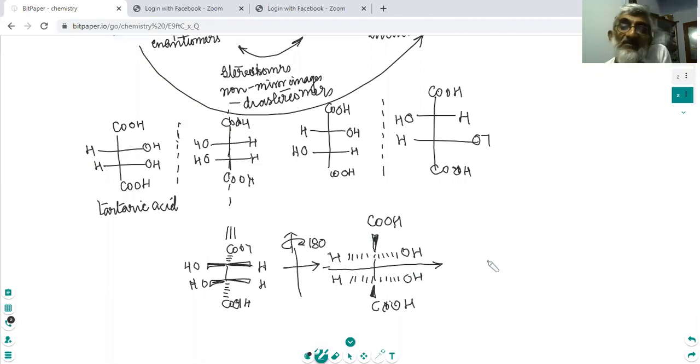So this group will come here and this group will go there. But since they are the same, again, 180-degree rotation will bring the front group to the back side. Then this bottom COOH also will be going back.